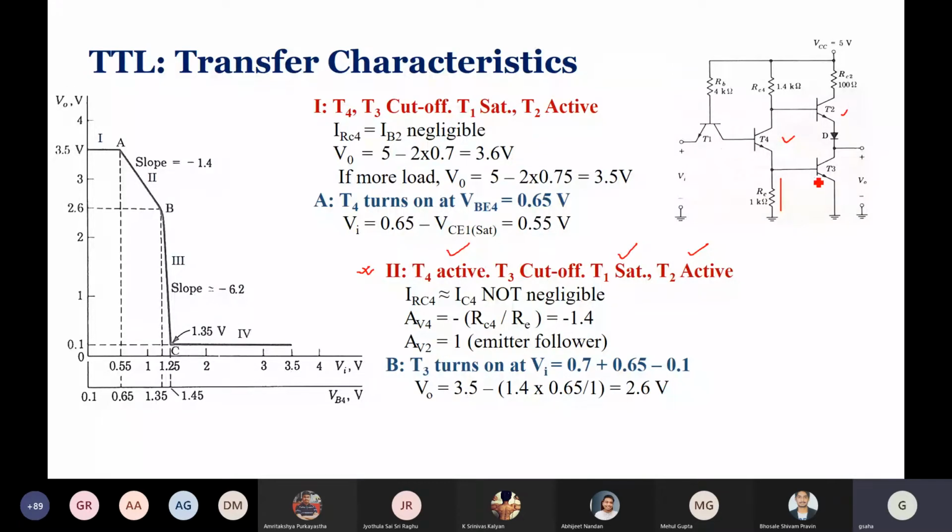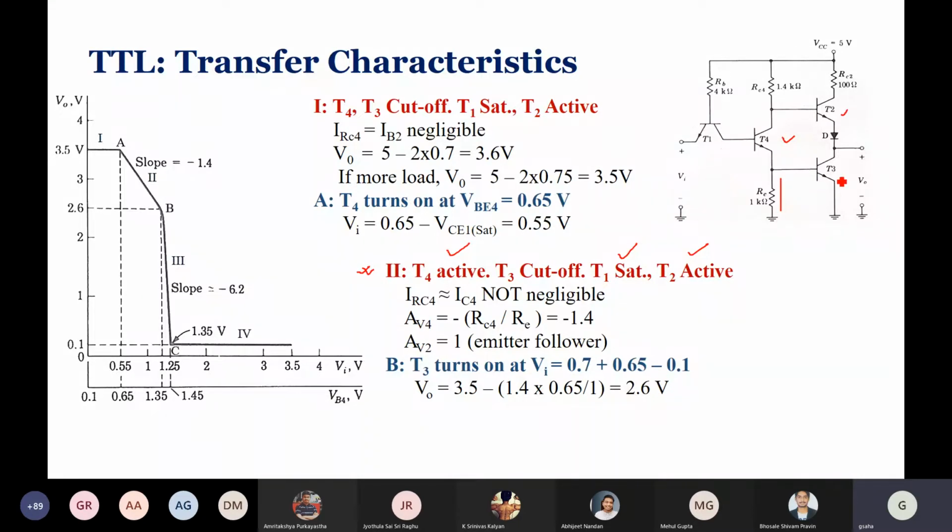Only then will it start conducting. So this 0.55 volt over here is not sufficient to turn T3 on.